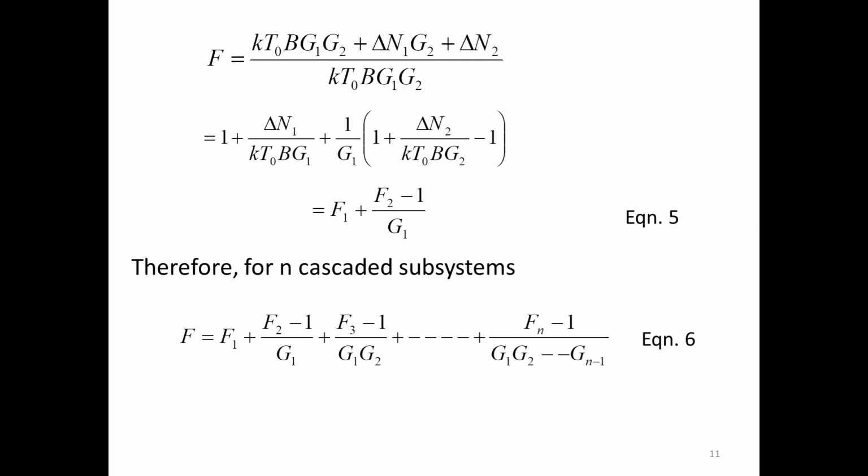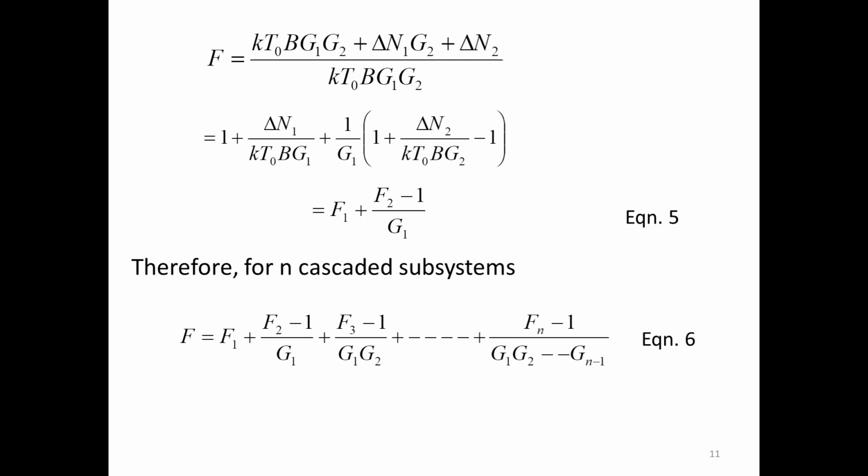So that will give F equals KT naught B G1 G2 plus delta N1 G2 plus delta N2, all over KT naught B G1 G2. If you divide further, you get equation 5, which says that the total noise figure will be equal to F1 plus F2 minus 1 over G1.